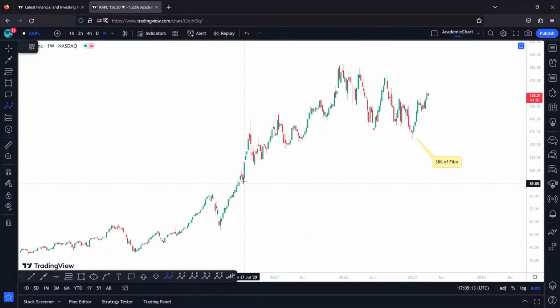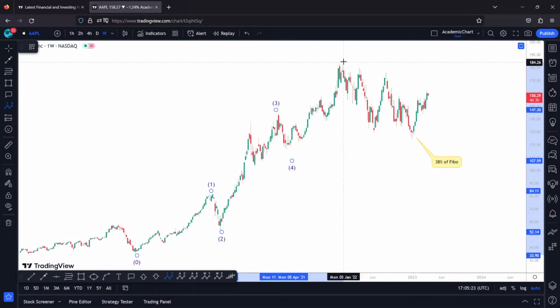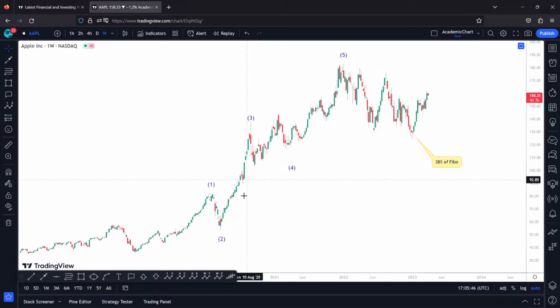Let's take a closer look at this impulsive move. It is really interesting for educational purposes, since I'm streaming, so I would like to count the waves for you here as a 5-wave impulsive structure. We can see that our second wave is a very sharp ABC corrective structure here. And the third wave is our most powerful wave. Maybe this is the end of the third wave, as it has a very strong, powerful, sharp momentum.